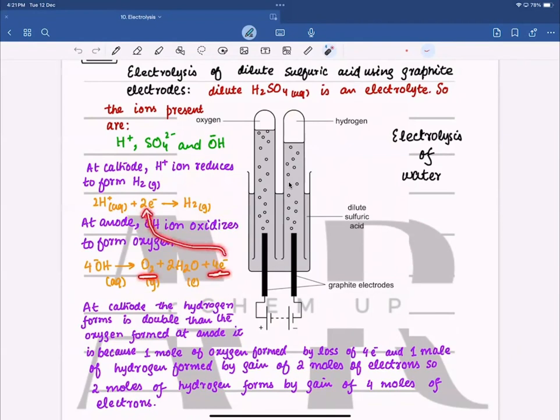If these 4 electrons are provided over here, then how many moles of hydrogen are going to form? 2. So the amount of hydrogen forming at the cathode is exactly double the amount of oxygen forming at the anode for the same number of electrons. As the number of moles of hydrogen gets double, that's why we are getting double the volume of hydrogen when the oxygen is half of it.